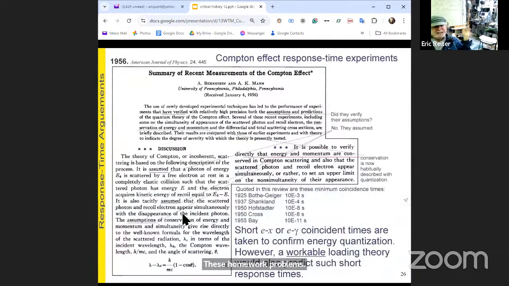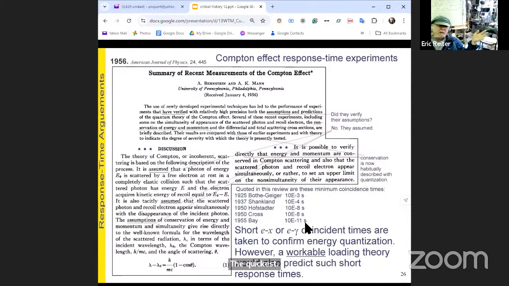So again, back to the Compton effect and the element of time, they look at the amount of time it takes for the pair of X-ray electron or gamma ray electron pair events. And they keep doing it over, and they keep getting faster and faster response times. They're only looking at the quickest, the shortest response time.